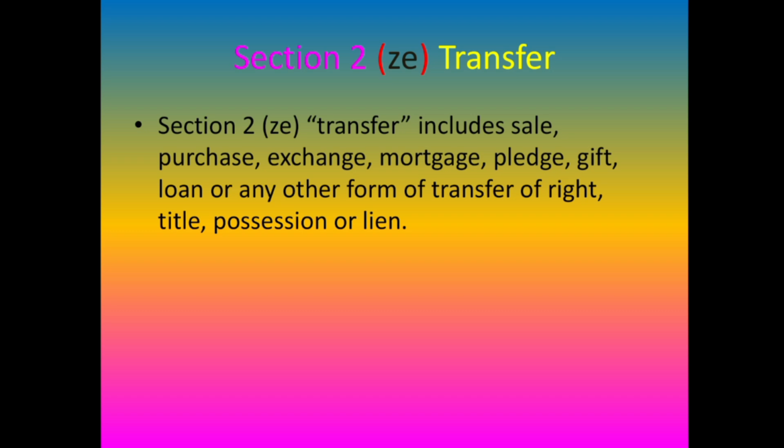Transfer includes, for example, the first is sale. Sale is an activity undertaken between two or more persons, where a buyer buys a commodity, goods, services, or any other thing which can be termed goods or a provision of service from the seller in exchange for a payment, in exchange for money.